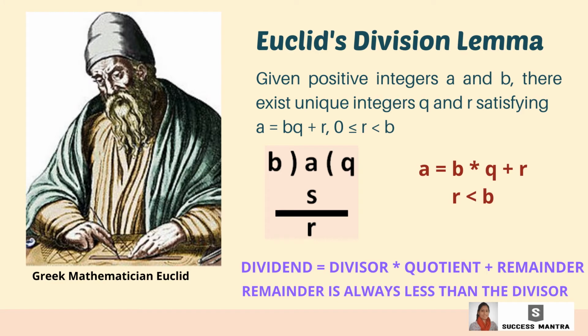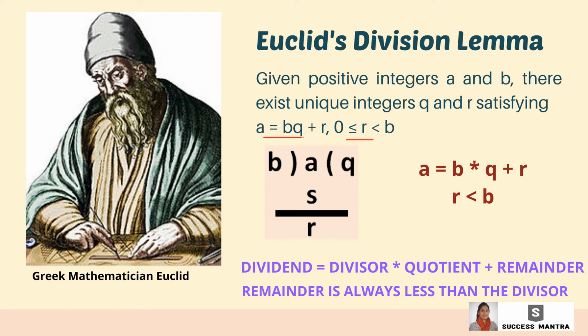A Greek mathematician named Euclid observed this phenomenon and he developed Euclid's division lemma. That is, given positive integers a and b, there exist unique integers q and r satisfying a is equal to bq plus r and 0 less than or equal to r less than b.